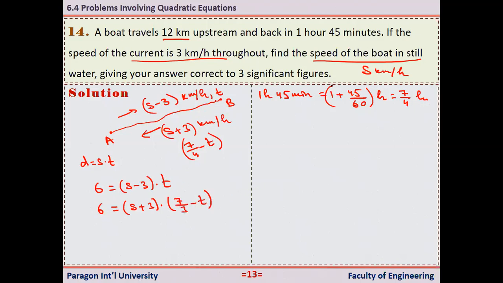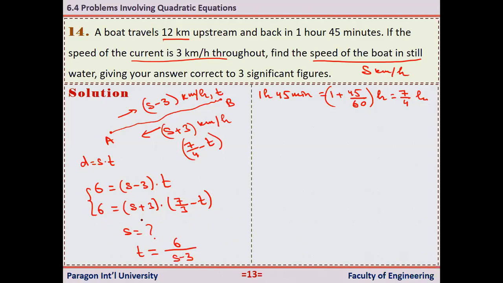Okay, the question is: find the speed of the boat in still water. So we are looking for the value of s that satisfies these equations. The first step, again, we will use the substitution method, because we have two equations and two variables, two unknowns. From the first equation, we can express t in terms of s, or make t the subject of this formula, so t is equal to 6 over s minus 3.